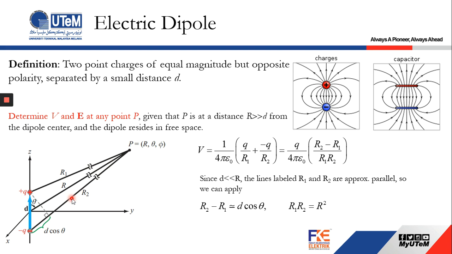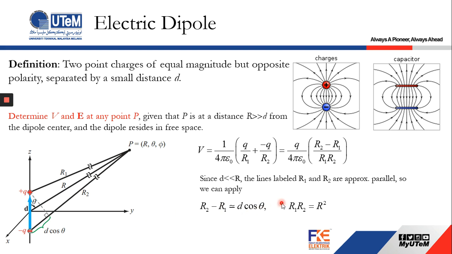So by using this approximation, we can apply that R2 minus R1 equals d cos theta. If R2 and R1 are parallel, then the difference between the length of R2 and R1 is this portion here, and this portion can be determined by the trigonometric equation d cos theta.